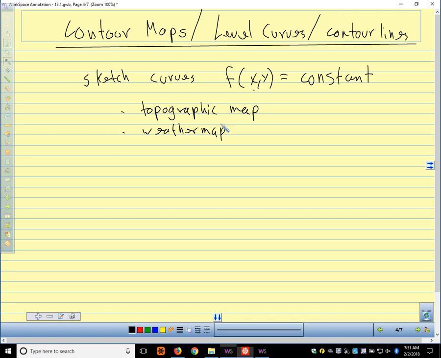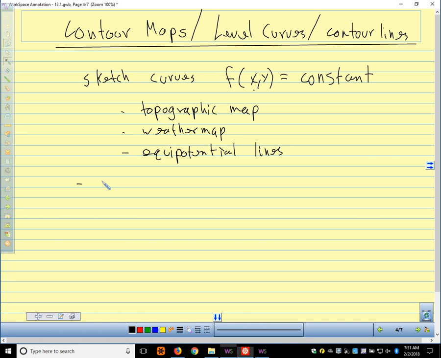So you get an idea of what the barometric pressure in certain areas looks like. Another example is if you sketch equipotential lines for an electric field or a magnetic field. So you're sketching lines where the field is constant, so you have an idea of how the field is varying.